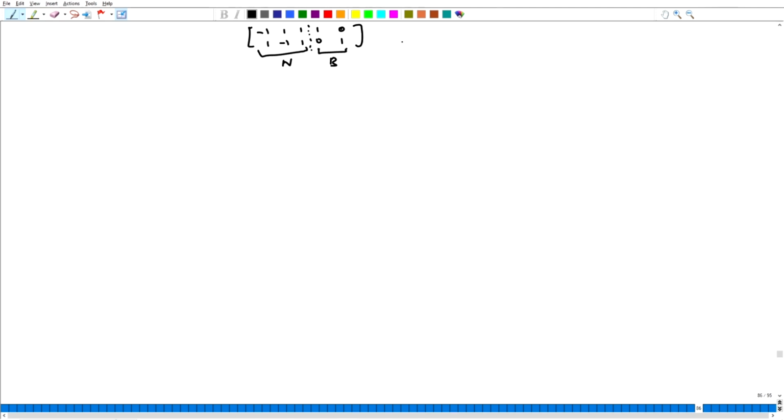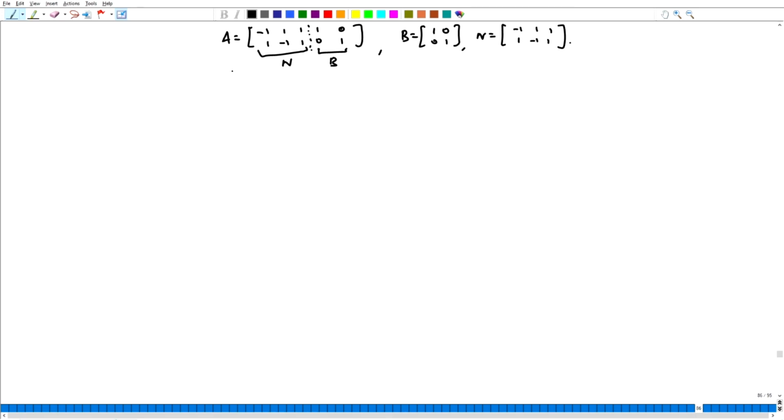So B is 1 0 0 1, and N is minus 1 1 1 1 minus 1 1. Now, what are Cb and Cn?